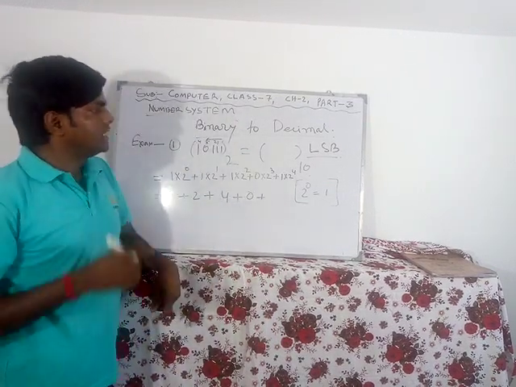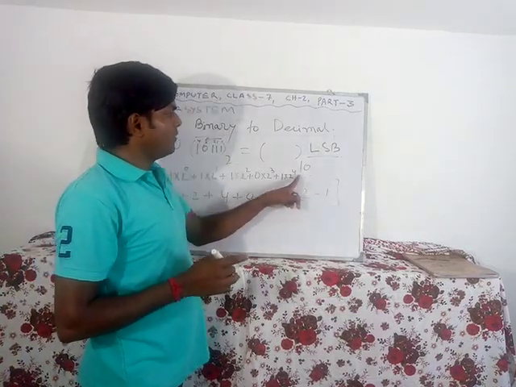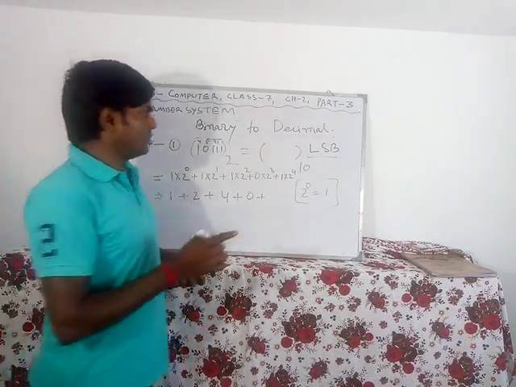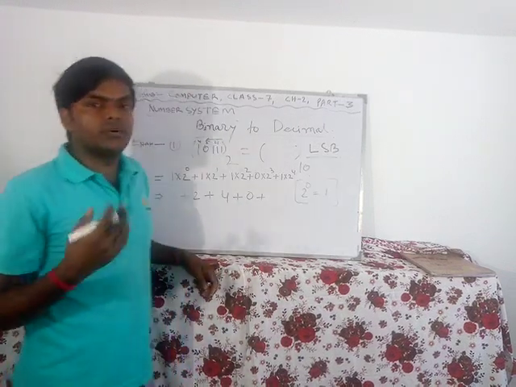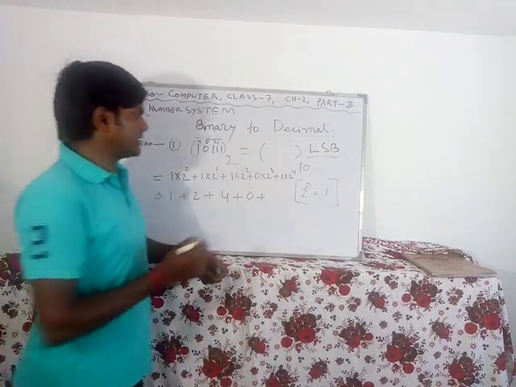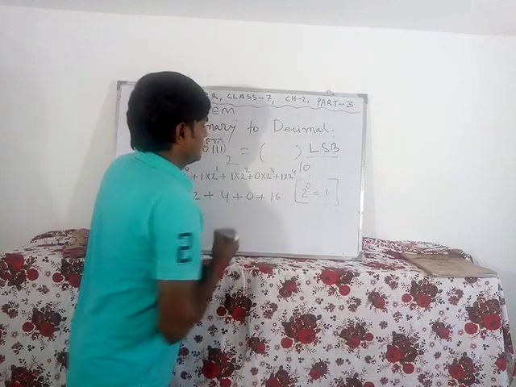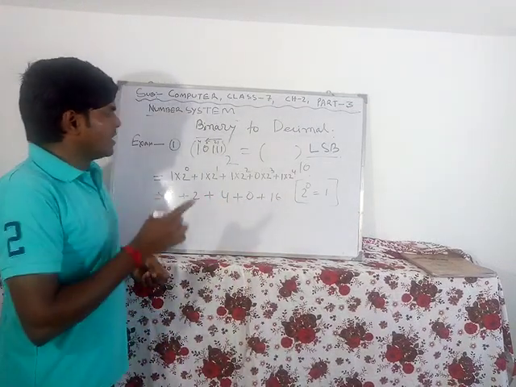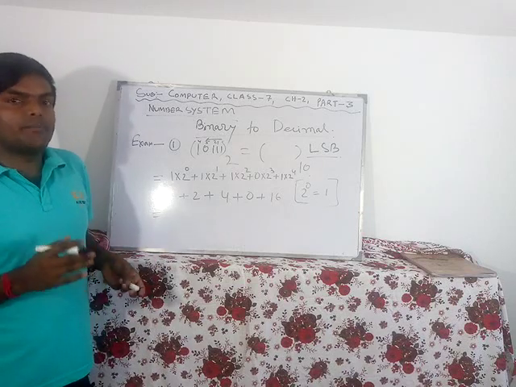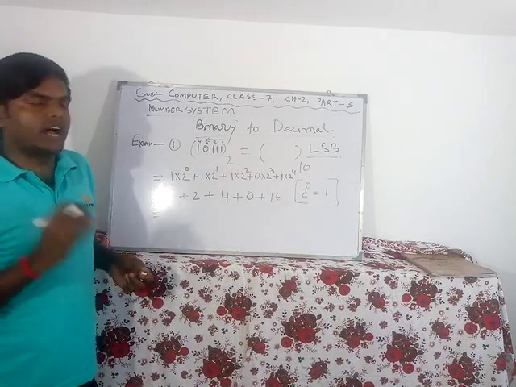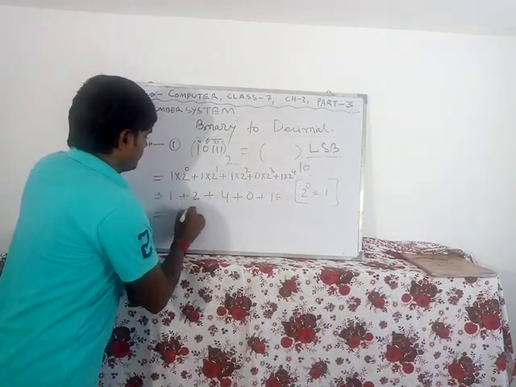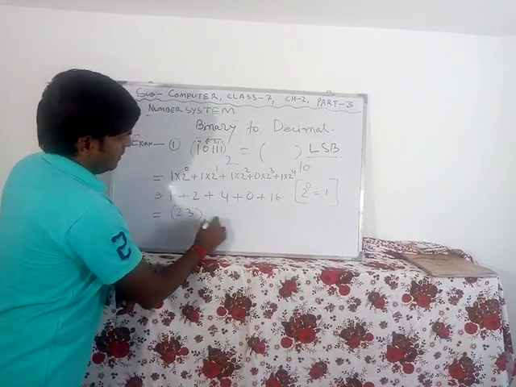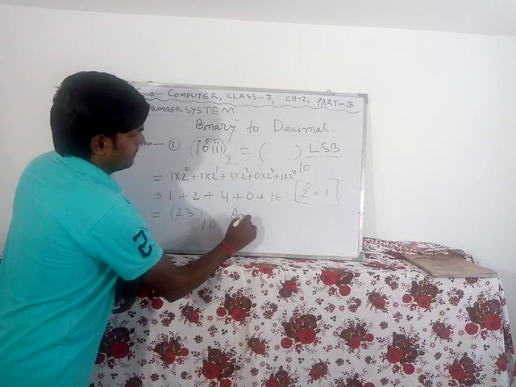Plus 1 into 2 power 4 means 2 into 2 into 2 into 2, which is 4 times 4, giving 16. Next line, we add all the numbers, and the result will come: 23, that is the decimal. This is the answer.